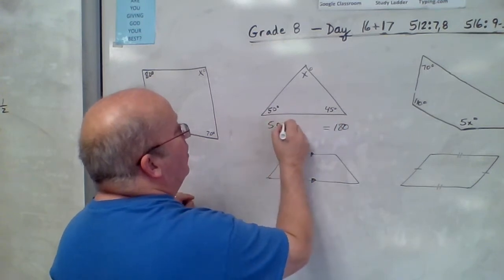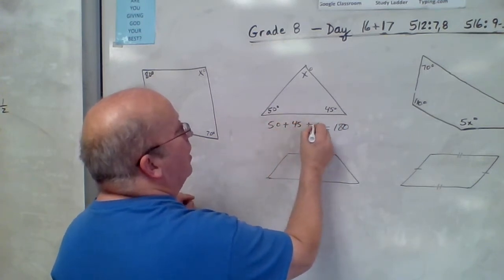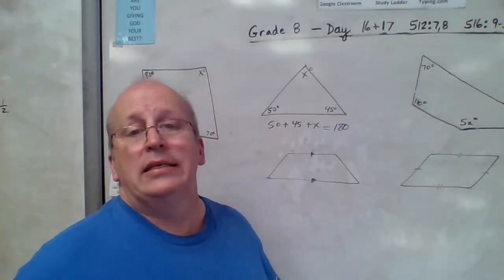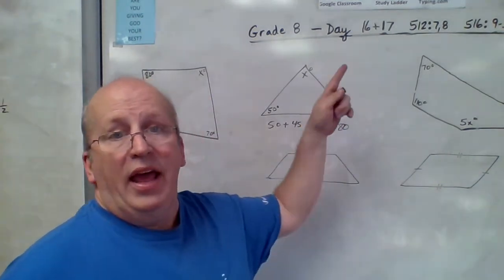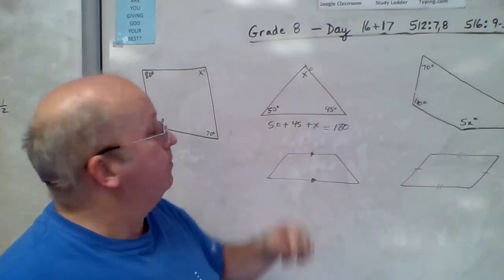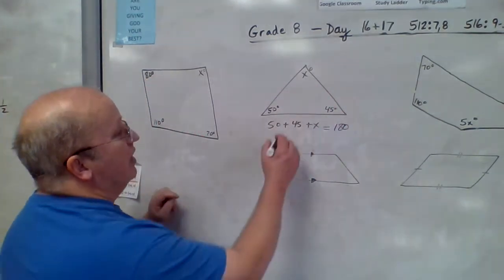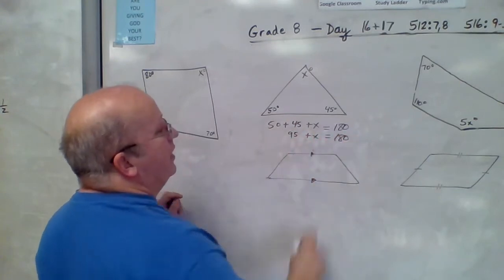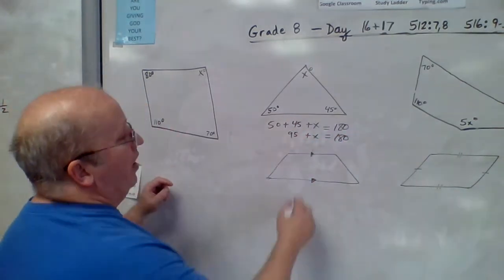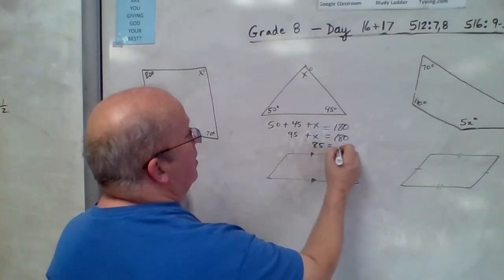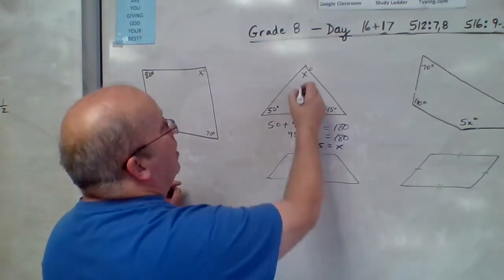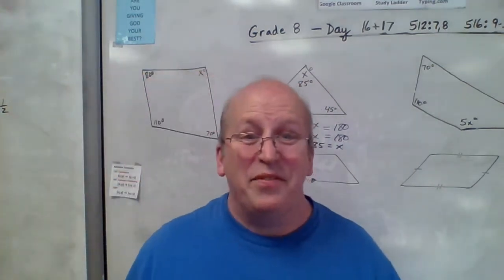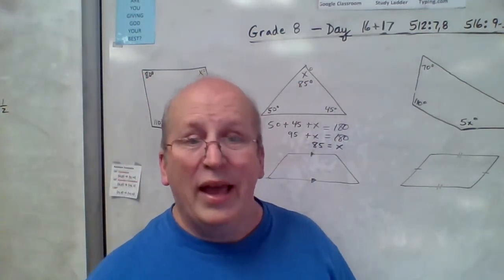So I take 50 plus 45 plus x. 50 and 45 is 95. 95 plus x is 180. What would x have to be? x would have to be 85 degrees. Now, that's for three-sided figures, or in other words, triangles.